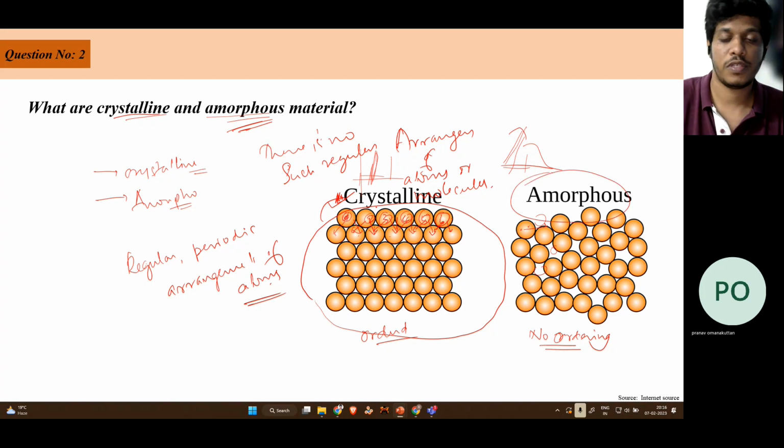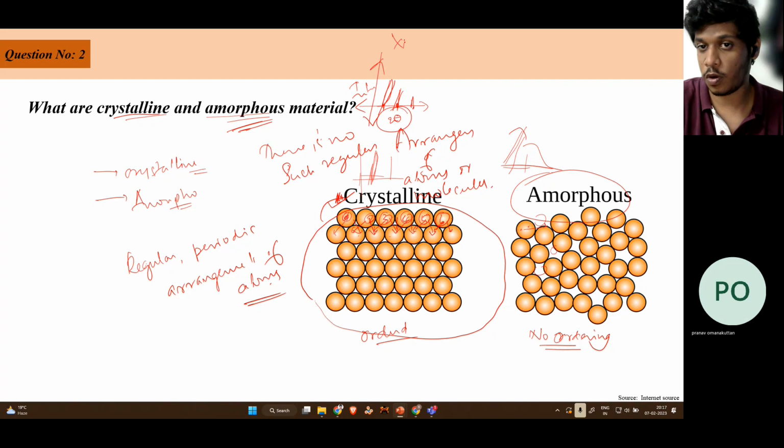Now, since we are discussing characterization techniques, let me tell you how, for example, an X-ray diffraction pattern, an XRD pattern, for a crystalline material is expected to look: straight lines with very strong peaks at some particular values of angle. You have intensity on the y-axis and angle 2 theta on the x-axis.